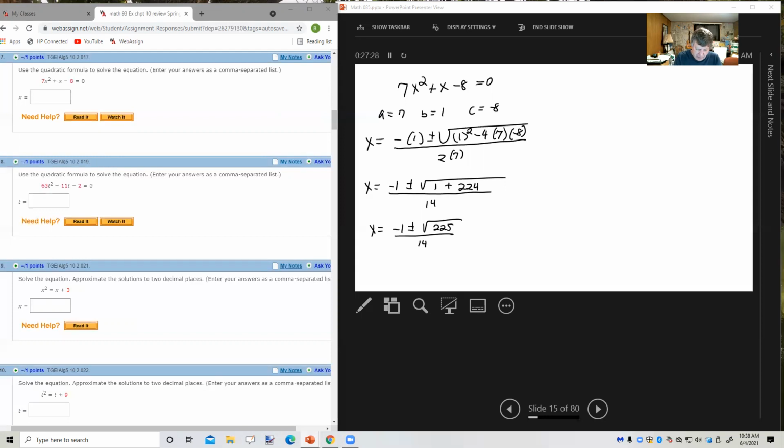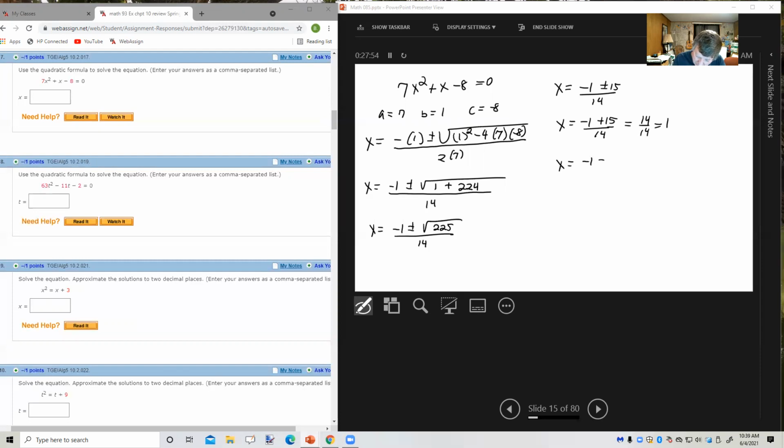Now, I think 225 is a square, so we're going to take the square root of 225, and we get 15. So x equals negative 1 plus or minus 15 over 14. So x equals negative 1 plus 15 over 14, which is 14 over 14, or 1.